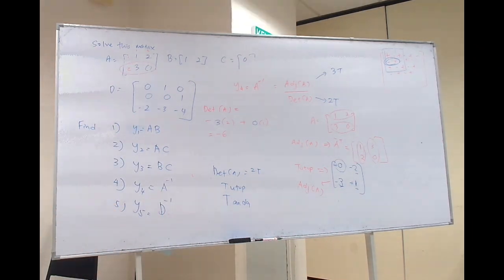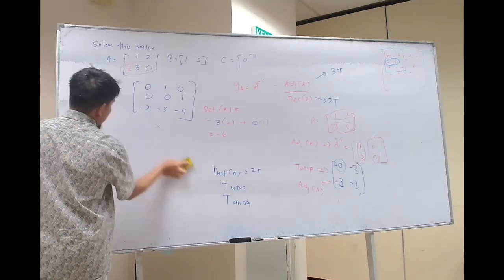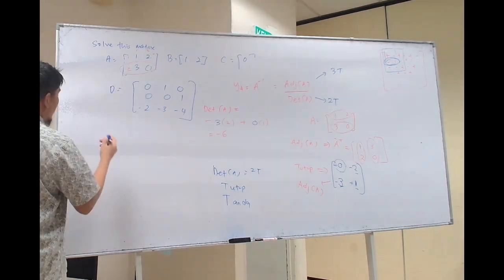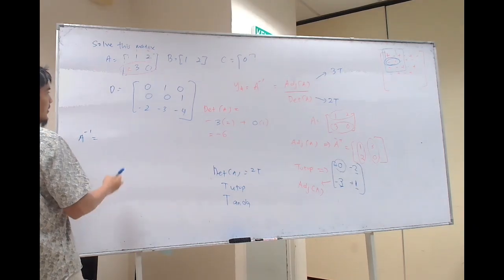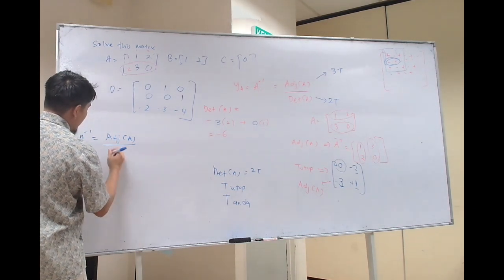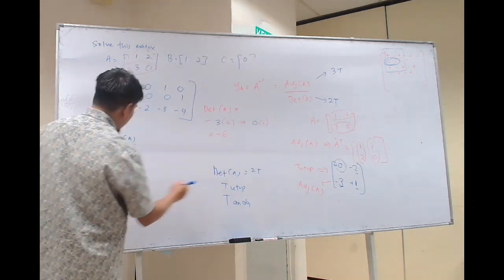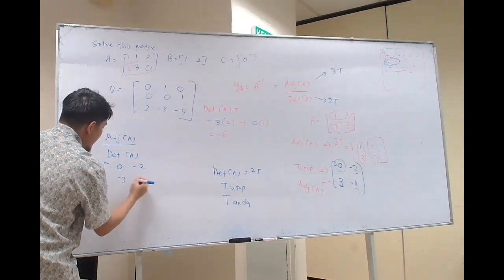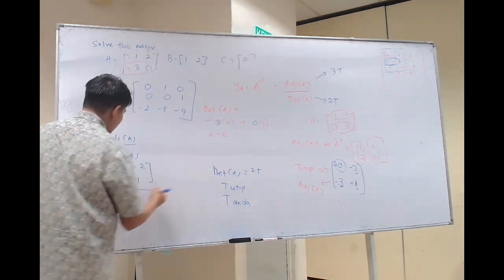And finally, the A inverse is the adjoint of A divided by the determinant of A. The adjoint answer is 0, -2, -3, 1, divided by the determinant, which is -6.